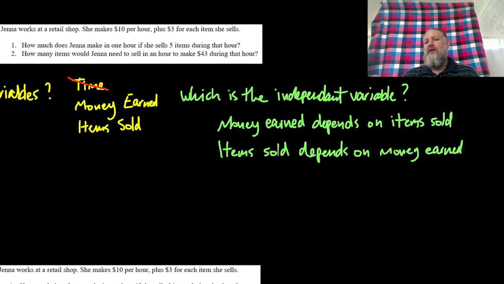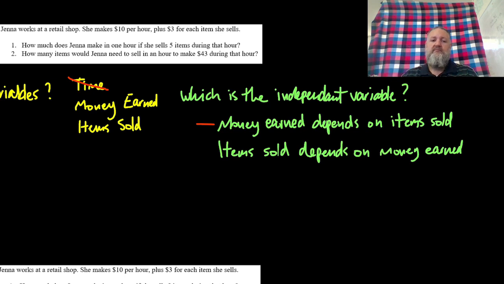Does the money earned depend on the items sold, or do the items sold depend on how much money she earns? Well, it's the first one, right? The amount of money that you make depends on how many items you sell. So money earned is the dependent variable and the number of items that you sell is the independent variable.